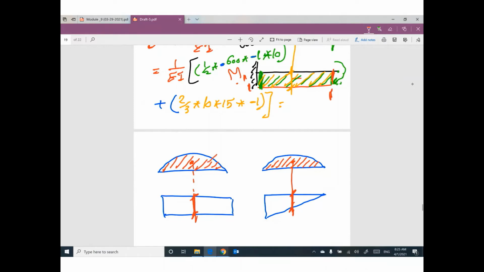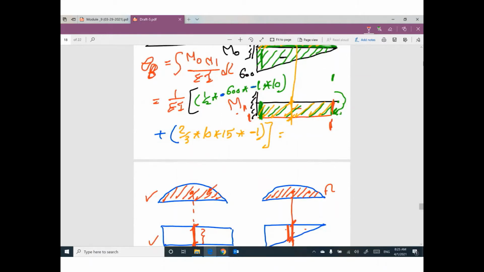If you multiply this area by this value, you are doing the integration between this shape and this shape. If you are multiplying the area of this parabola by the coordinate value here, you are doing the integration between this parabola and this triangle.